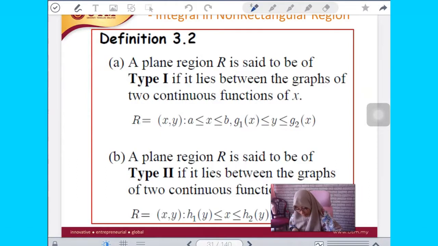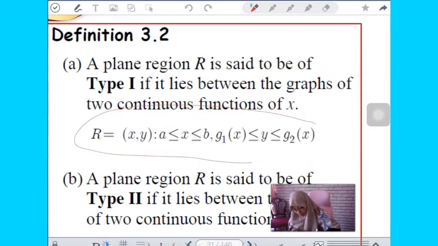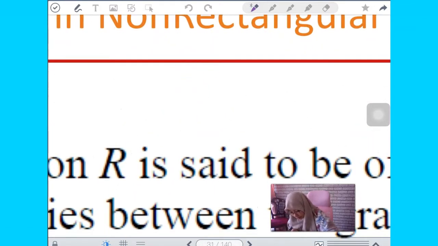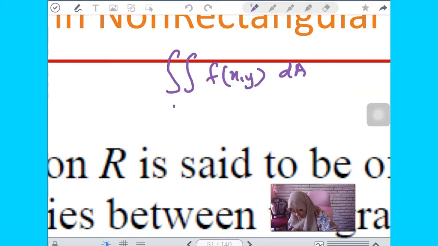So what does all this mean? This is actually telling you that you have a double integral of the given integrand. In general, we have dA over the region R.